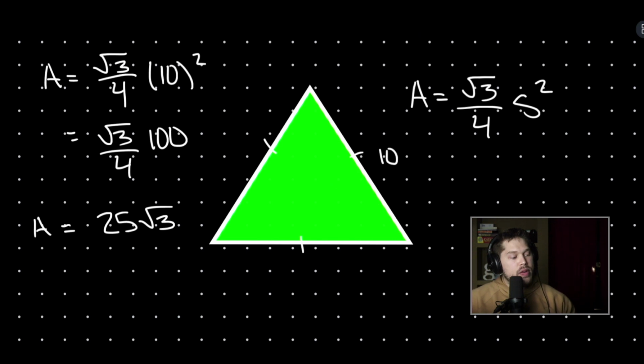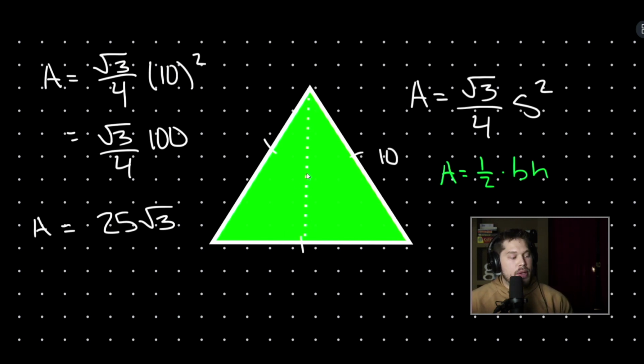Now, I would be remiss to not mention that you could still use your base times height divided by 2 formula. So if we want to use area equals 1/2 times base times height, you need to be familiar with your special right triangles. You need to recognize that, hey, this is an equilateral triangle.